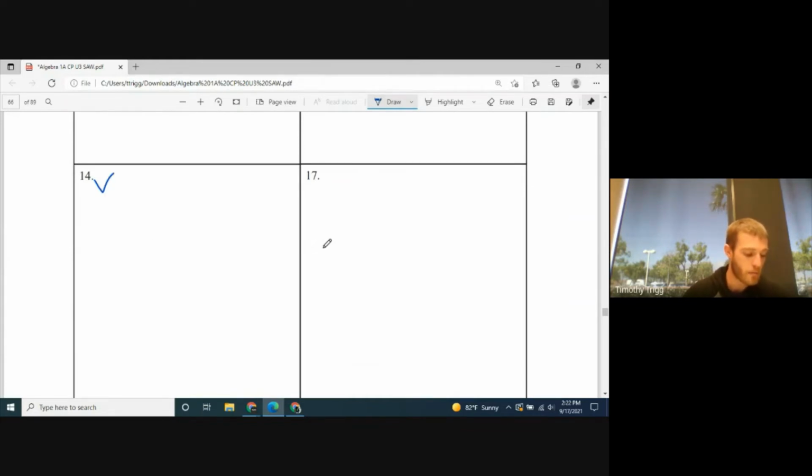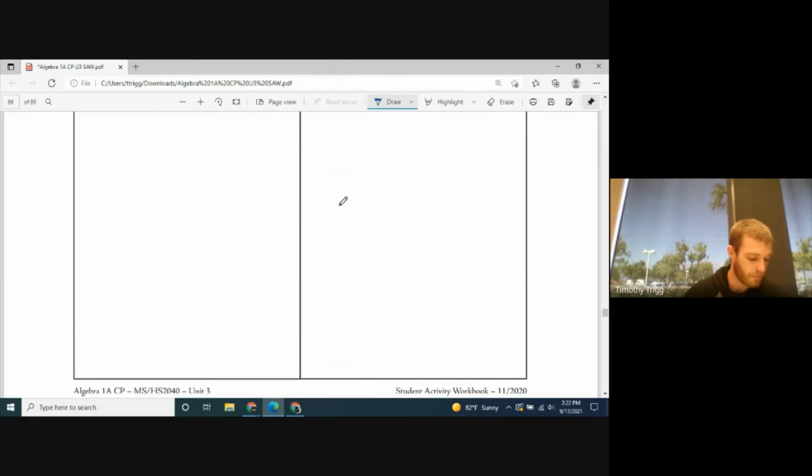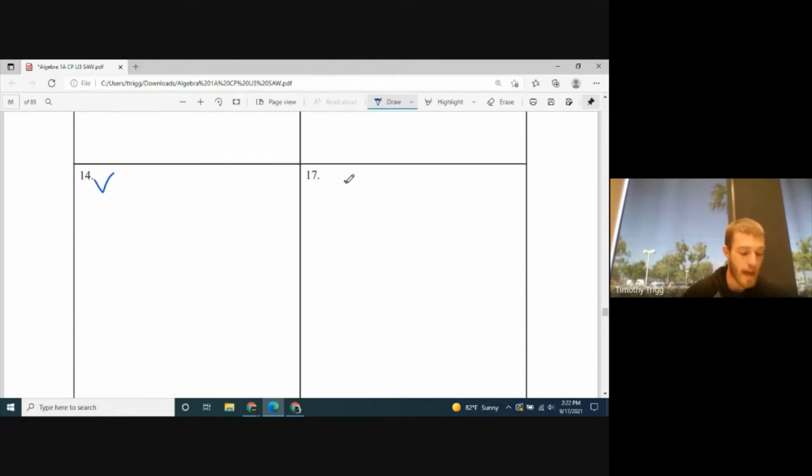For number 15, this one's a little weird. Oh, we don't have to do 15. Okay. 17. 17 says x is less than -1. And there, we want to match the graph. So why don't we just graph this?